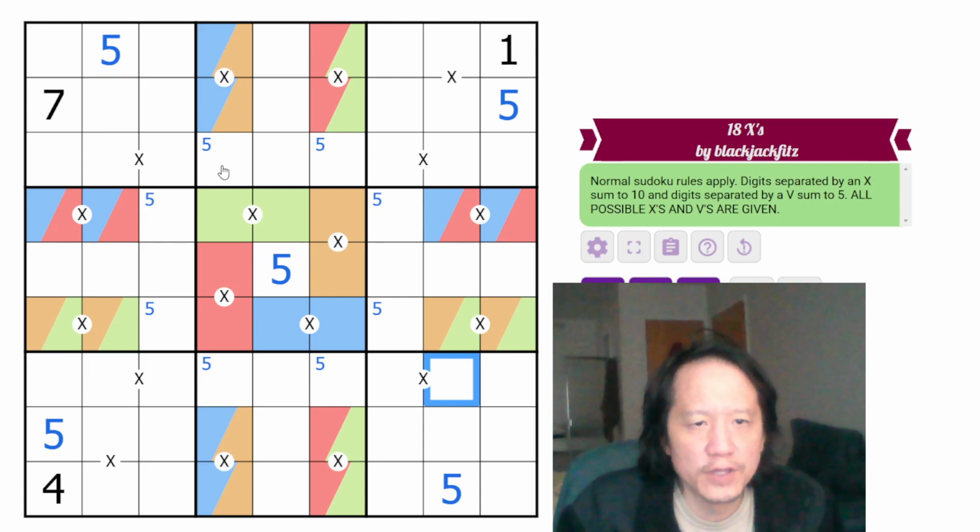We know then the last remaining digit, aside from the 5, we actually don't have that much information there.